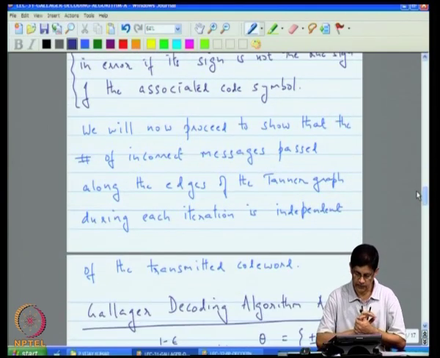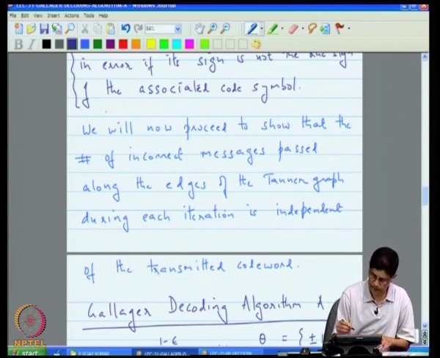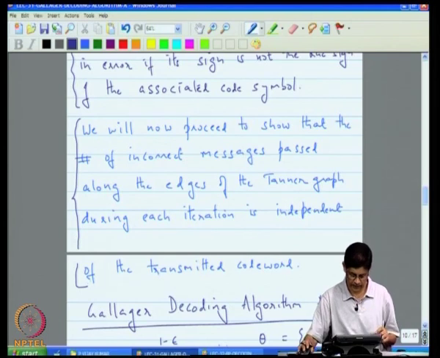In the middle of the last lecture, I made a statement that we will now proceed to show that the number of incorrect messages passed along the edges of the Tanner graph during each iteration is independent of the transmitted codeword. But actually we deferred that. I think at a subsequent point I said let us defer that till a subsequent lecture.